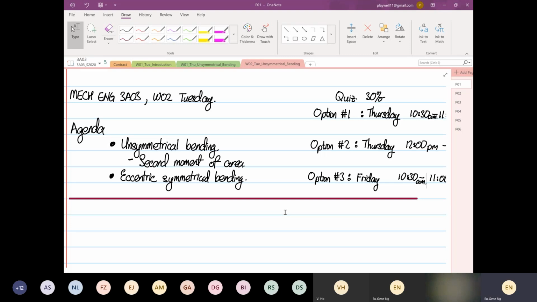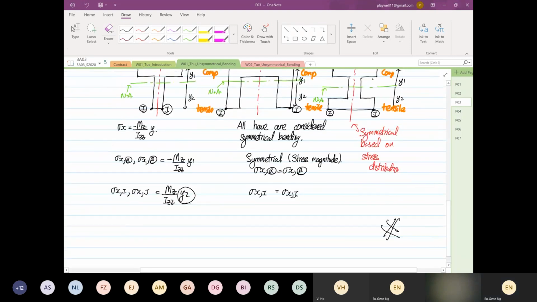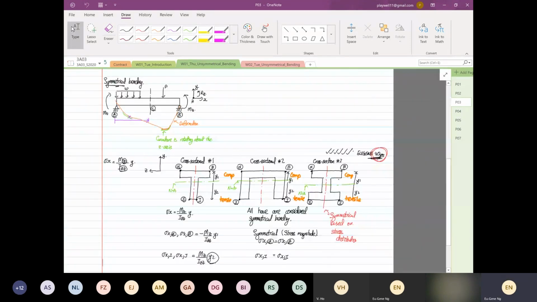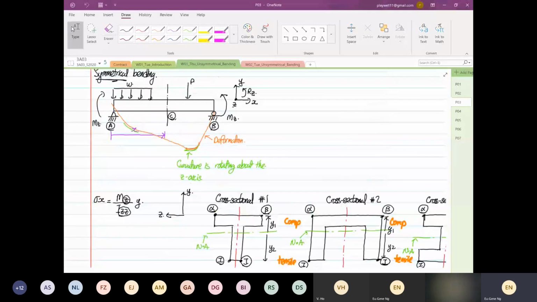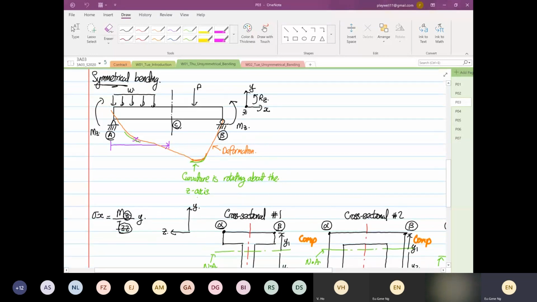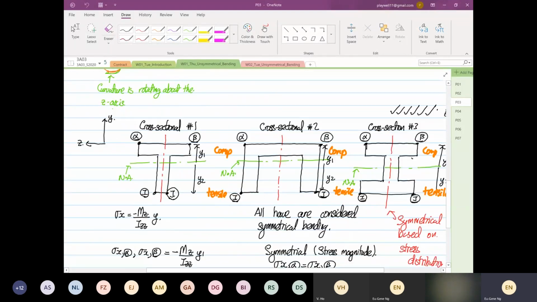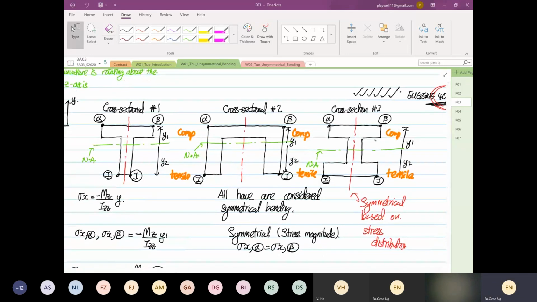So if I were to recap last week, we have a structure that's loaded with evenly distributed load and a point load, as you can see. So this is last week's lecture. Then I've drawn different cross-sectional areas, 1, 2, and 3. And now we know why all of them are known as symmetrical bending.